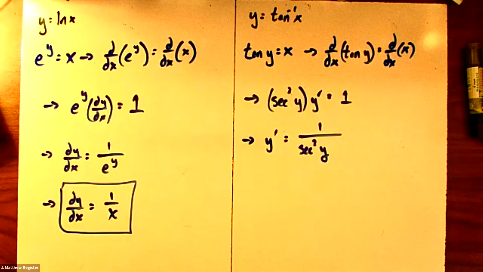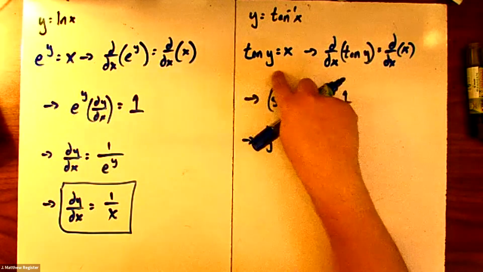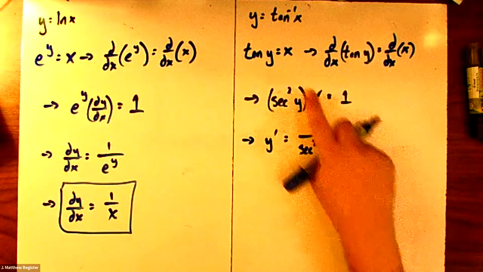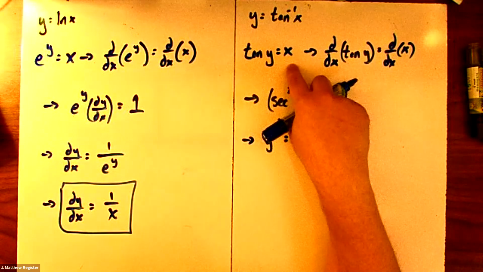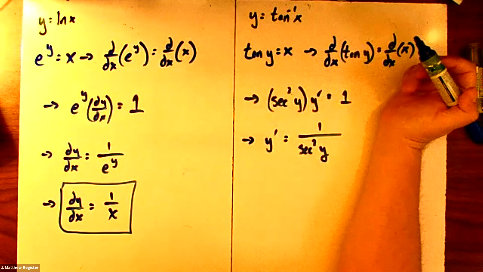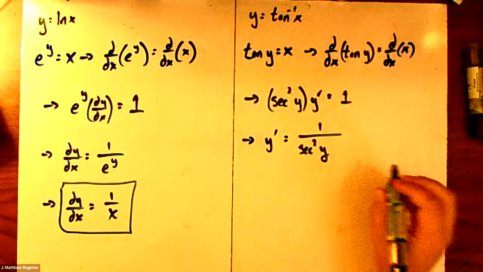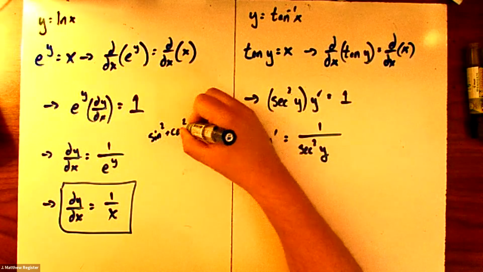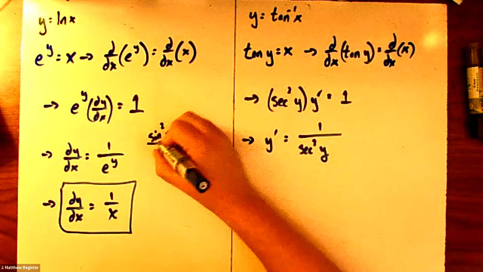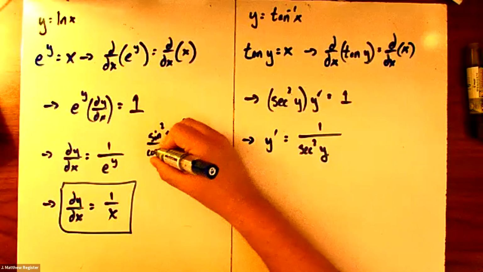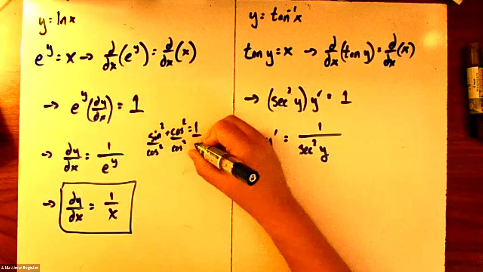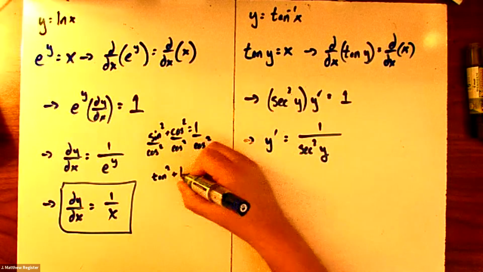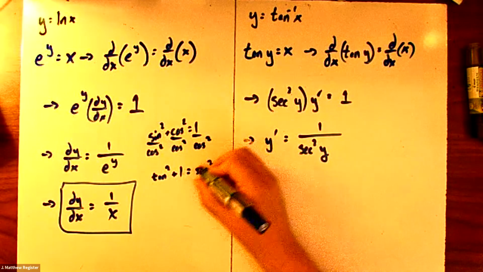Now here's the challenge. When we look at this, we started with tangent, and now we're ending with secant, and we'd really like to turn this secant back into tangent so that we could get everything in terms of x. Well, if you remember your Pythagorean identities from back in the day, sine squared plus cosine squared is equal to 1. If we divide everything by cosine squared, then we end up getting tangent squared plus 1 is equal to secant squared.